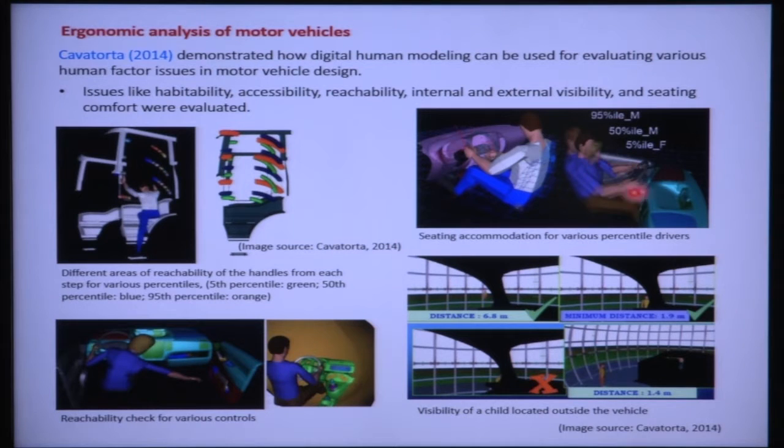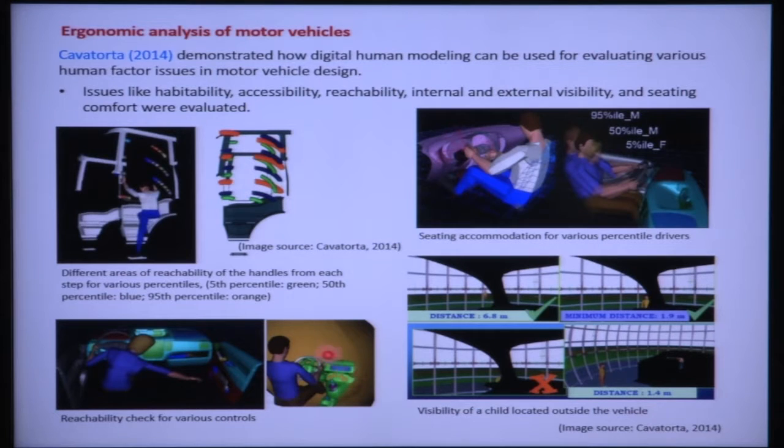For seating arrangement or seating comfort, they positioned 5th, 50th and 95th percentile digital human models on the seat and evaluated various driving seat related parameters. Then they also studied reachability. In reach analysis, two types of reach were evaluated.